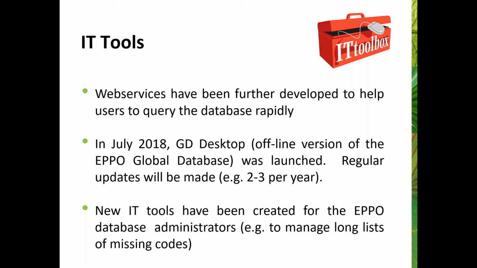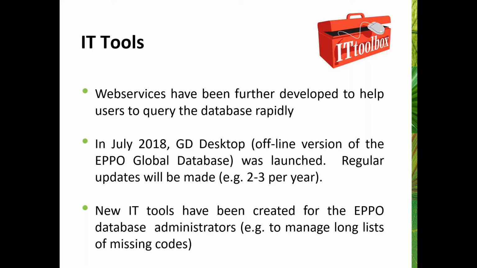this database, you need an internet connection to access it. But sometimes it's useful in certain circumstances to be able to access this information even in the absence of an internet connection. So we launched GD Desktop, and in fact GD Desktop is a picture of EPPO Global Database at a certain time.